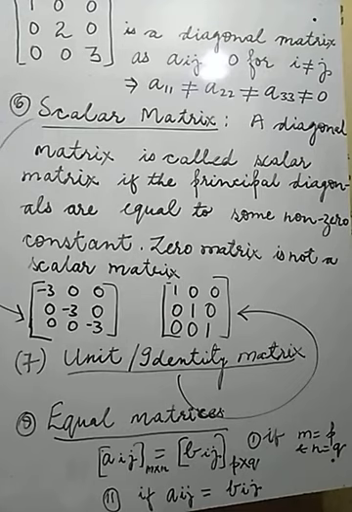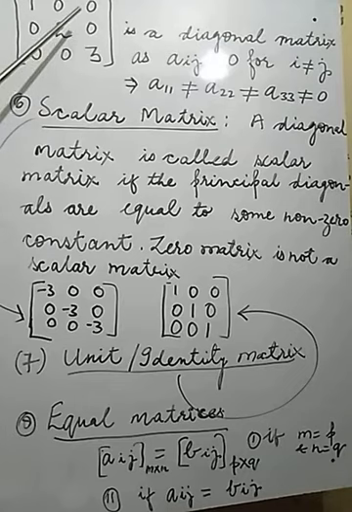If all three are equal in quantity, whether positive or negative integer, then that will be converted into a scalar matrix. So a diagonal matrix is called a scalar matrix if the principal diagonal, what is the principal diagonal here? This diagonal is considered the principal diagonal. Another diagonal is here, so this one is not. This is your principal diagonal.